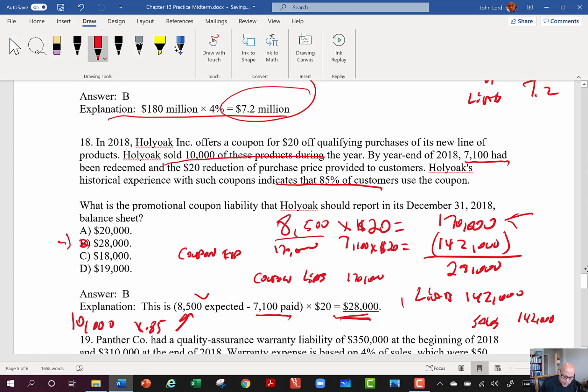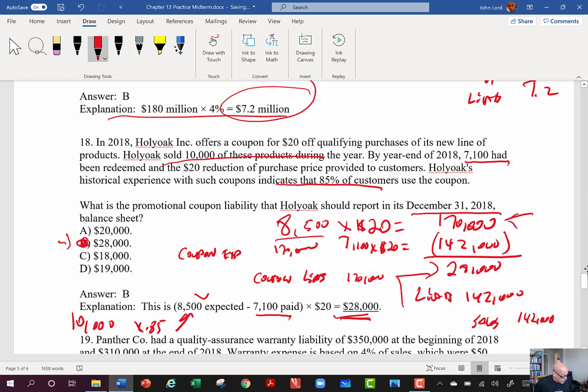So when you debit this liability, that's how it gets down to this 28,000. Those are still outstanding, and the remaining 28,000 would come in maybe next year, because by December 31st only 7,100 had come. You'll take those out of the liability and credit the sales at that particular time.